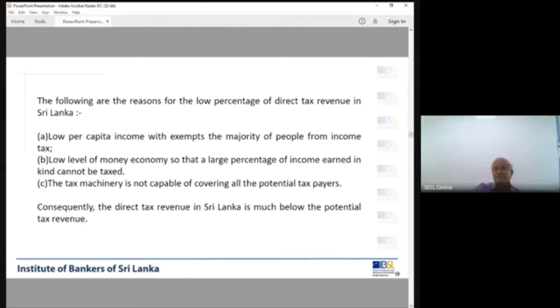At the moment, it is not the case. You are getting the benefit. You are not paying taxes. Those are your take-home pay, money salary, money income, and the indirect income.